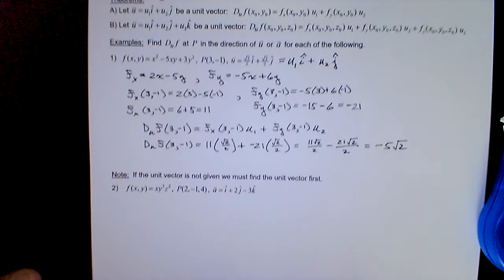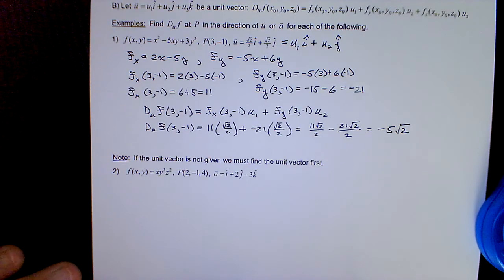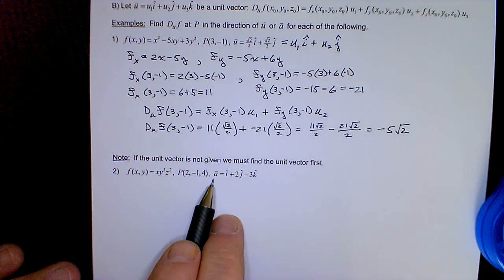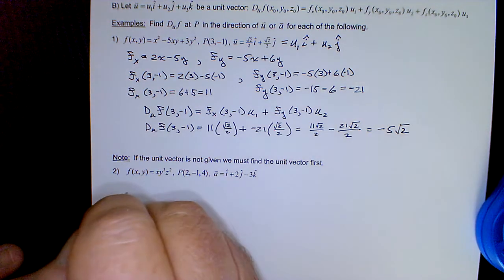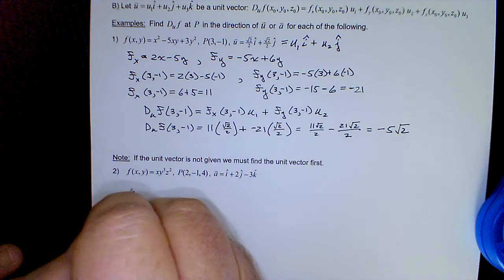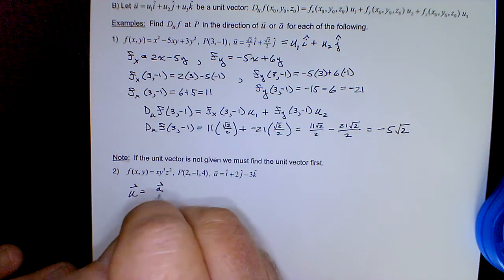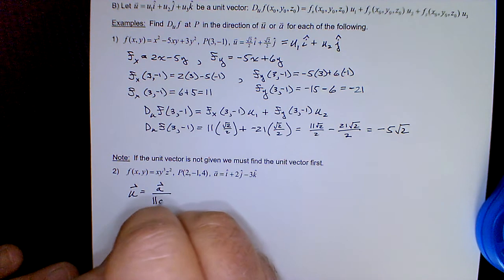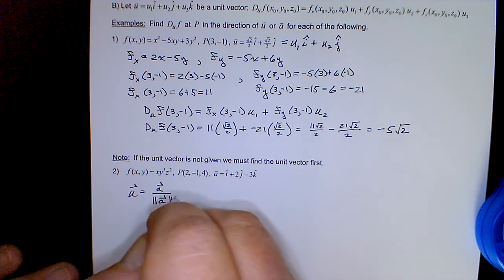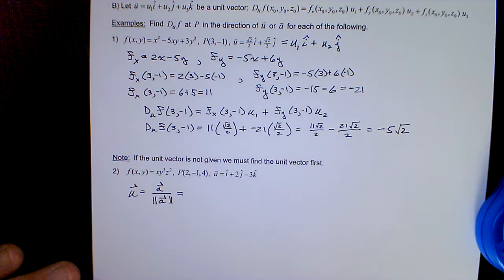Okay, but as a note here, if the unit vector is not given, we have to find the unit vector first. So here it's given as a, and so for a, the unit vector is going to be the vector a divided by its magnitude. So recall that.